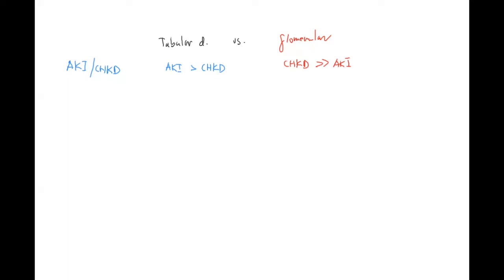Then, nephrotoxins. We already talked about them. By nephrotoxic substances I mean anything that works toxic and kills the kidneys.